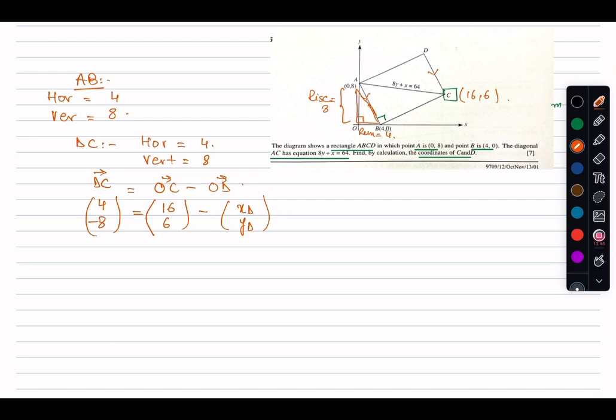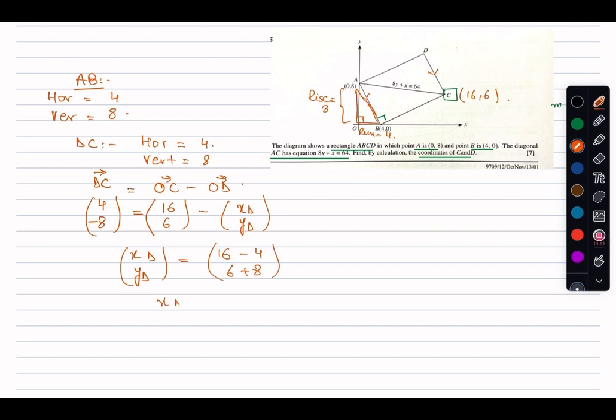So DC will be equal to OC minus OD. The equation is 4, negative 8, which is equal to the position vector of C, which is 16 and 6, minus XD and YD, the X and Y coordinates of D. That will be equal to 16 minus 4 and 6 plus 8.